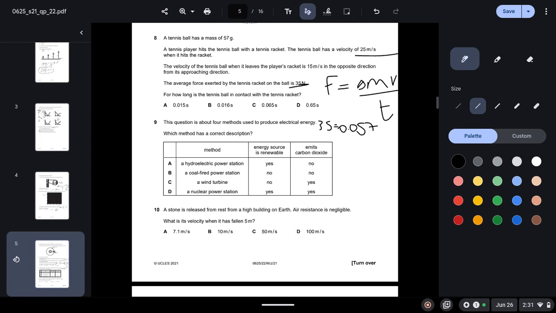And then the change in speed, 25 meters per second, and then 15 meters per second in the opposite direction. So delta v, the change in speed, you will have as 25 minus 15. Why are we taking minus 15? Because they have told us that it is in the opposite direction. So delta v you will get as 40.